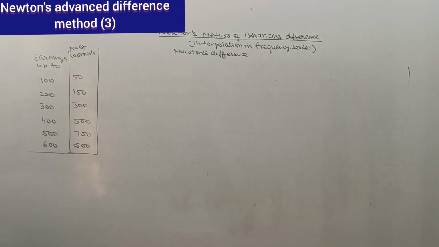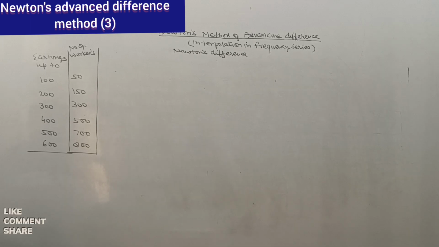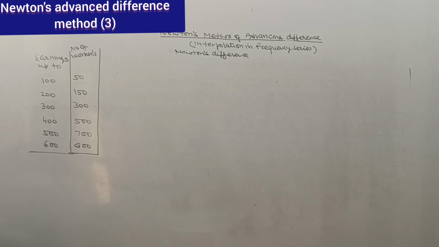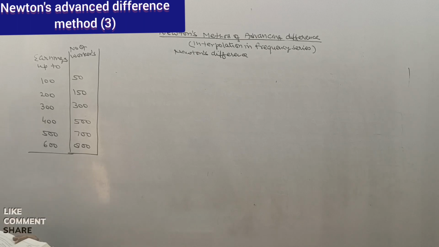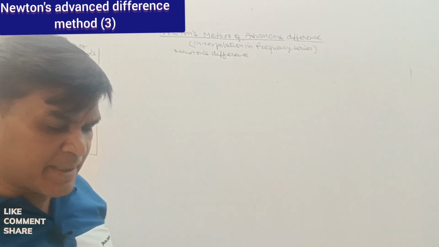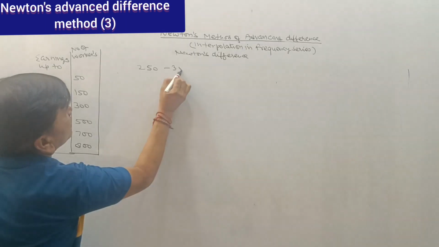So earning is given up to 100, up to 200, up to 300, up to 400, up to 500. And the number of workers is given, that is 50, 150, 300 and so on. So we are to calculate the number of workers who are earning between 250 and 350.